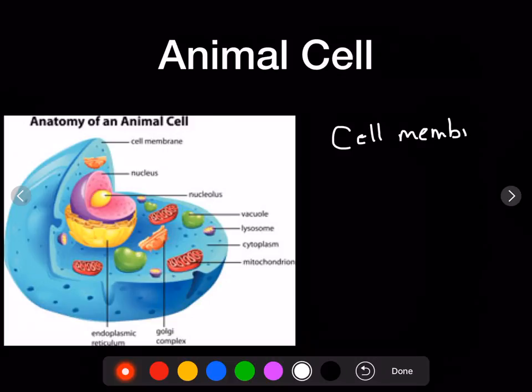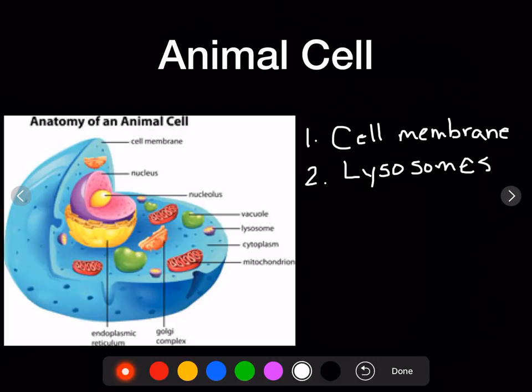Now, there's a couple other different things that we want to talk about here, but for the most part, they're roughly the same. Now, animal cells also contain what are known as lysosomes. And lysosomes are pretty much the recycling bins for the cell. Lysosomes pretty much come in and they break down dead cell parts, and they recycle them back into the structure.